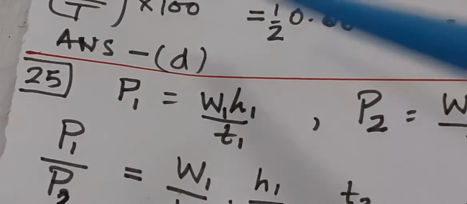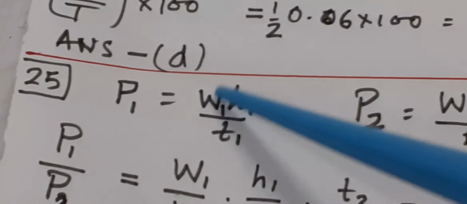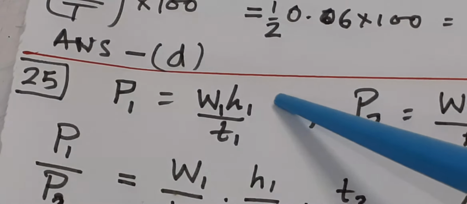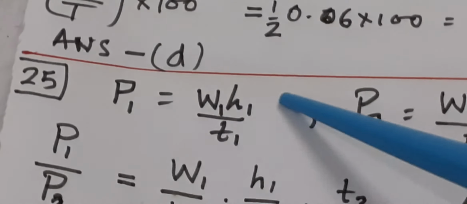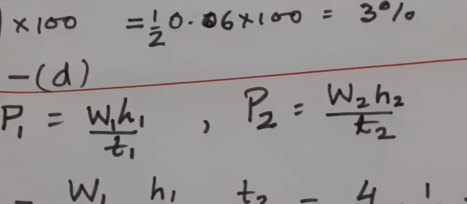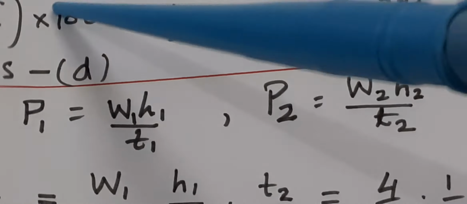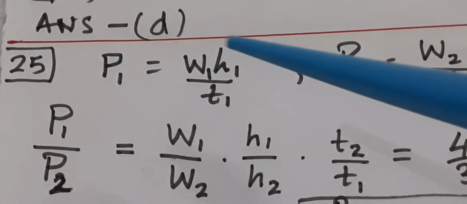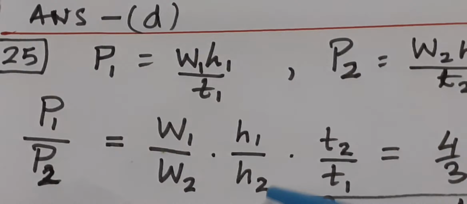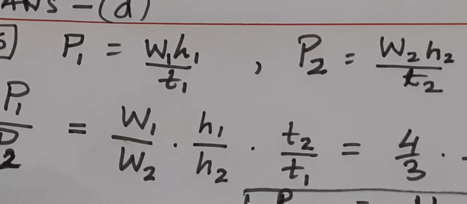Power for the first man is W1 H1 by T1, where W1 means weight, M1 g, into H1, that is the potential energy gain, divided by time. Similarly, the power expression for the second is W2 H2 divided by time T2. Take the ratio P1 by P2, it will give W1 by W2, H1 by H2 and T2 by T1. Here it will be a reciprocal. You just check this properly.